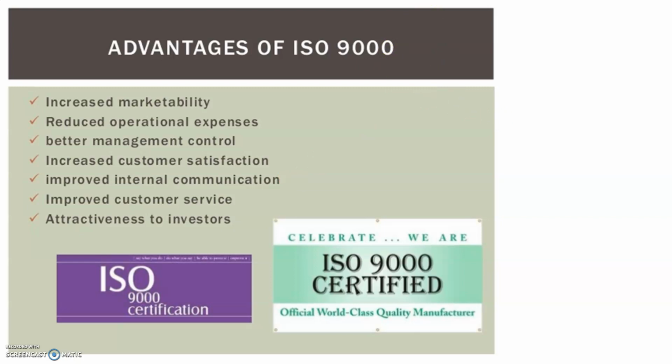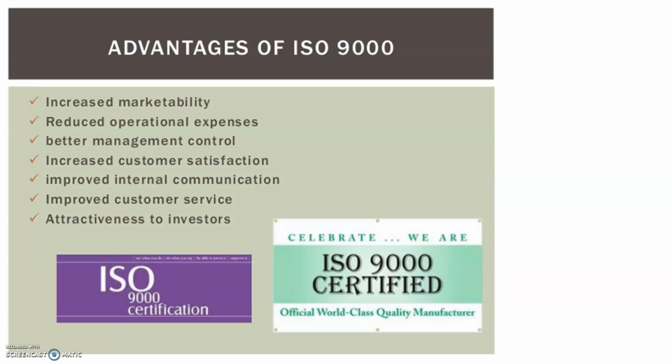One is increased marketability. As your product is recognized by the ISO, obviously your product will be in demand in the market. Reduced operational expenses. As you are following the standards, rules and regulations, unnecessary expenses will be reduced. Better management control. If you have a tool of ISO 9000, the management can easily plan, easily control and easily assess things.